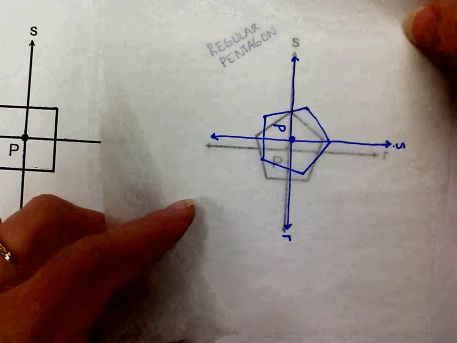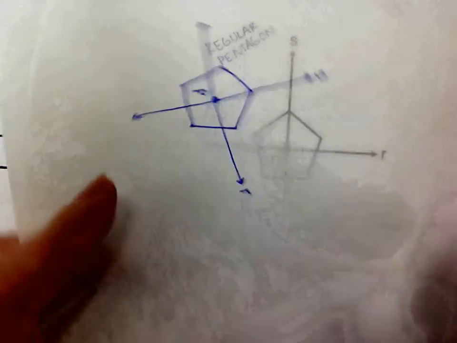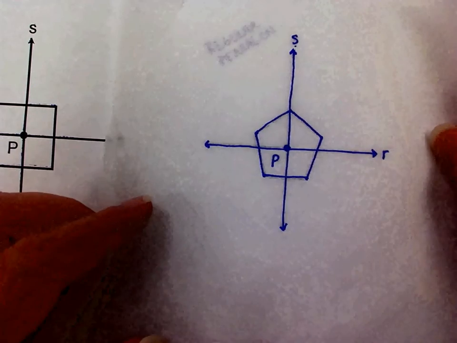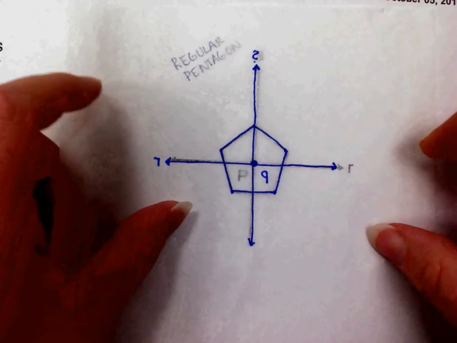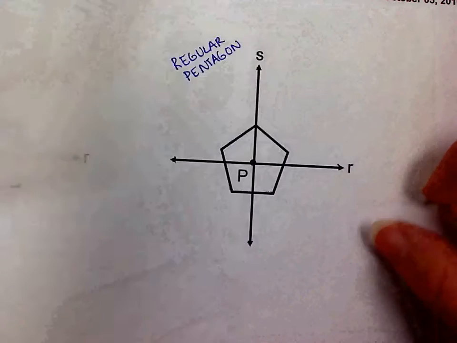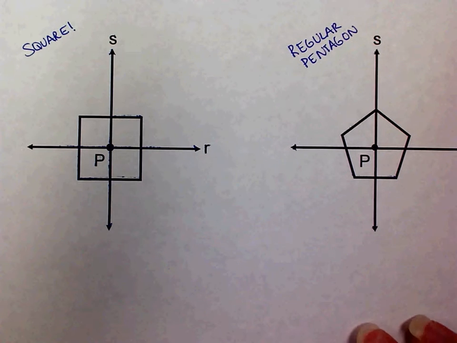So that does not look like the figure did to begin with. So the only one that would apply to the regular pentagon is a reflection across line S. That's the only one that would map it to itself on the regular pentagon. So just be careful with whatever shape you're given on your test to make sure that you check all of those transformations.